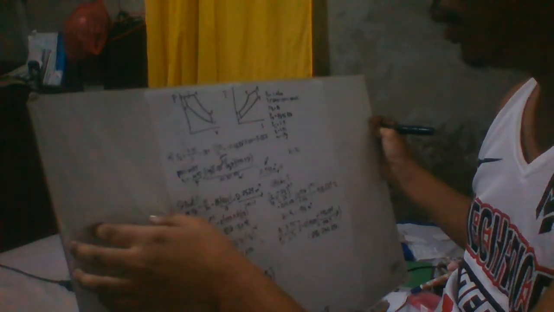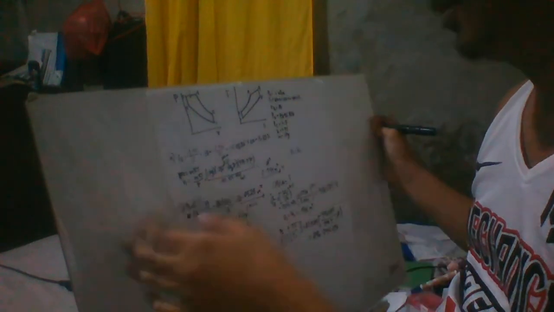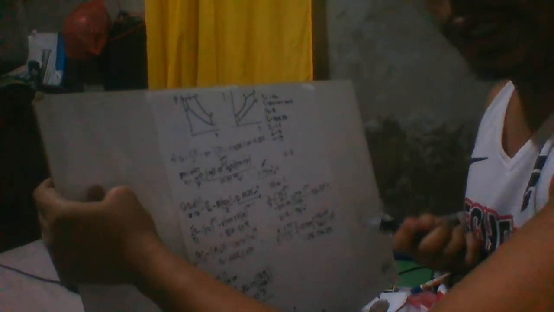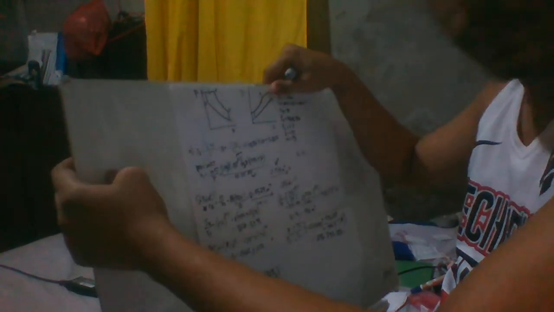So we already computed all the pressure, volume, and temperature at each point. Next we will solve for the efficiency, work, and the mean effective pressure.